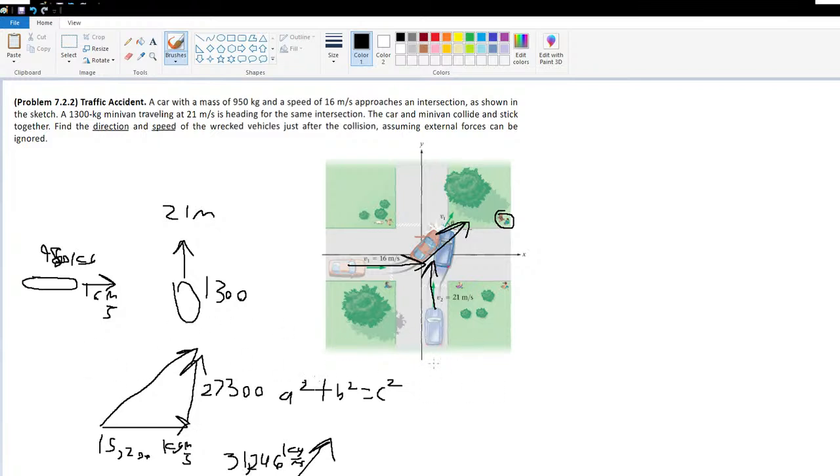So yeah, and then we know that our total mass, because it sticks together, is just the two of these combined. So M total is just equal to 950 plus 1,300. Direction and speed. Okay, so if we want to find the velocity, we can just take our momentum.